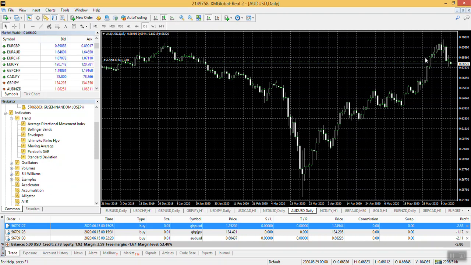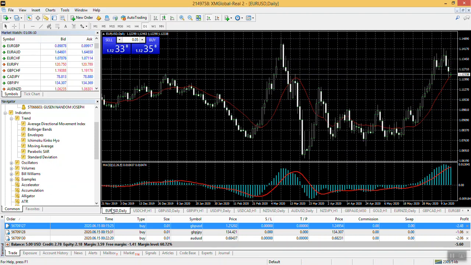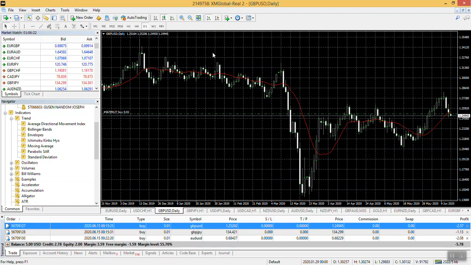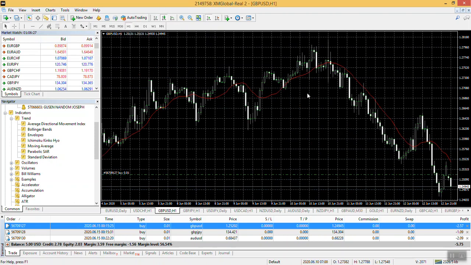Now you don't need to go further. This is just a simple confirmation that this bearish trend that has started is a genuine trend and is going to last for a very long time. So in this case, you can see here, this is GBP USD. You can see that here I am buying GBP USD.